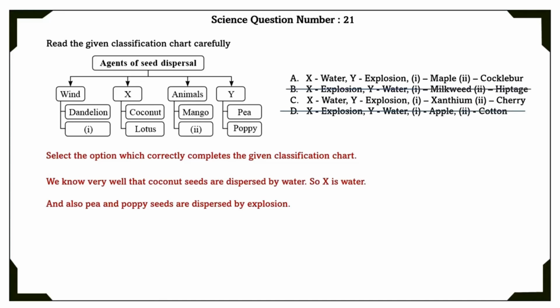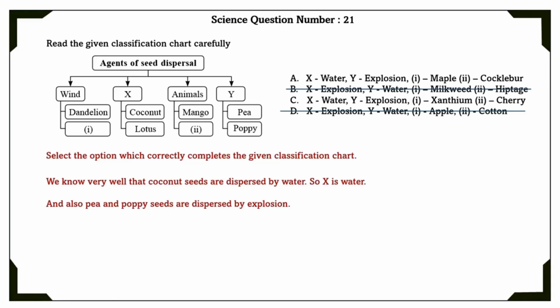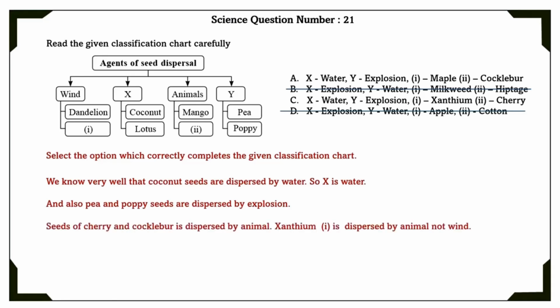As we can see here in the B and D options, X is supposedly dispersed by explosion, but this is wrong as X is dispersed by water. B and D cannot be the correct option. Seeds of cherry and cockleburr are dispersed by animals. Xanthium is dispersed by animals, not wind. So, the C option cannot be the correct option. Therefore, the correct option is the A option.